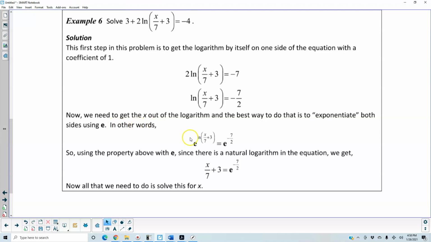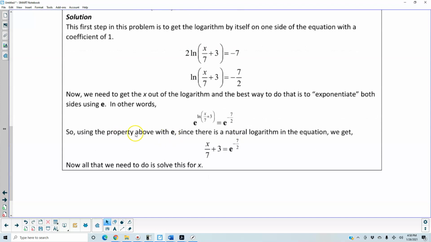So we're going to have e to the power of the natural log of x over 7 plus 3, which is equal to e to the power of -7 over 2. Using the property above with e, since this is a natural logarithm, what's left is just x over 7 plus 3, which is equal to e to the -7 over 2.